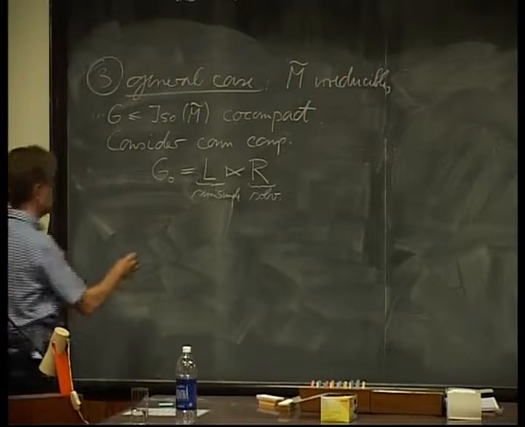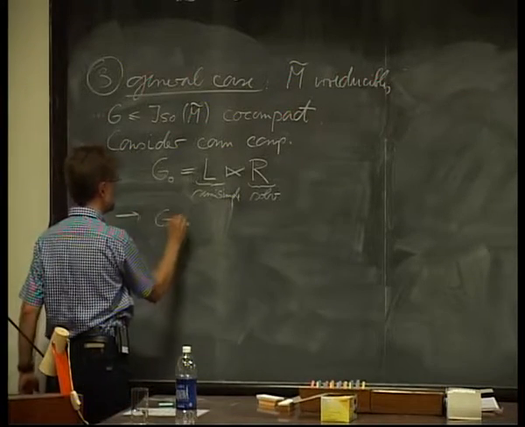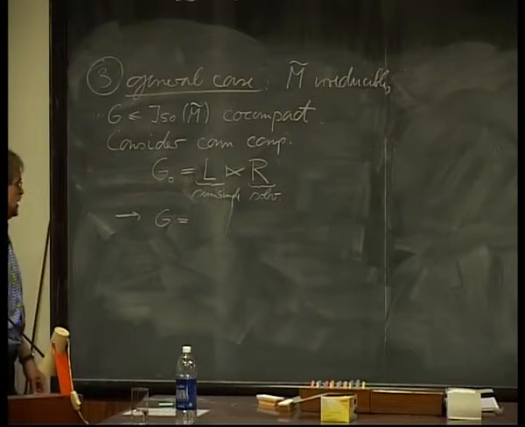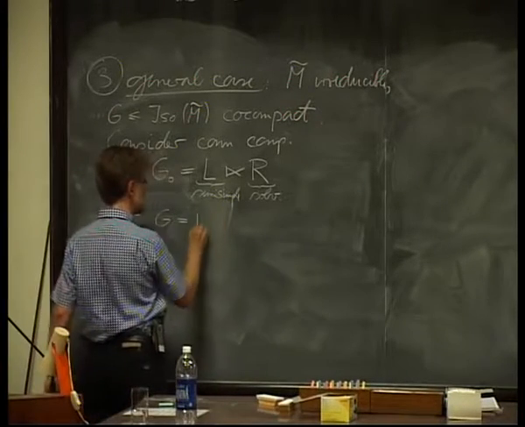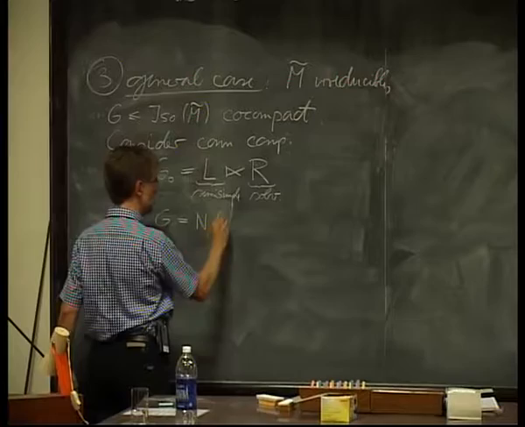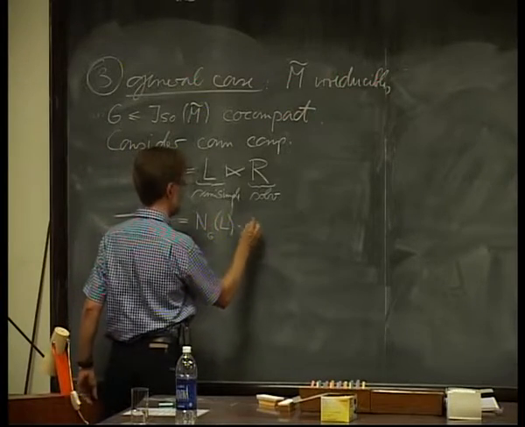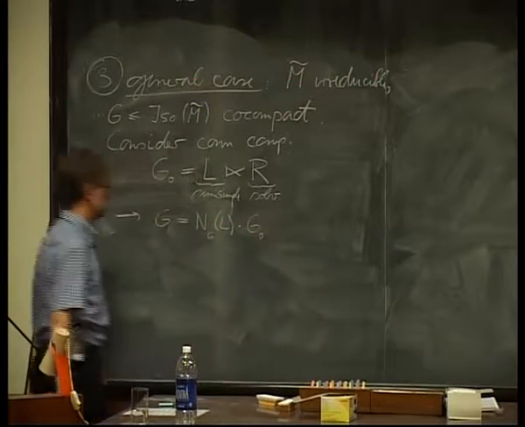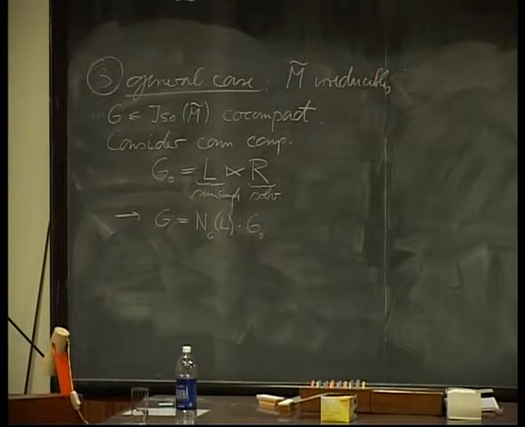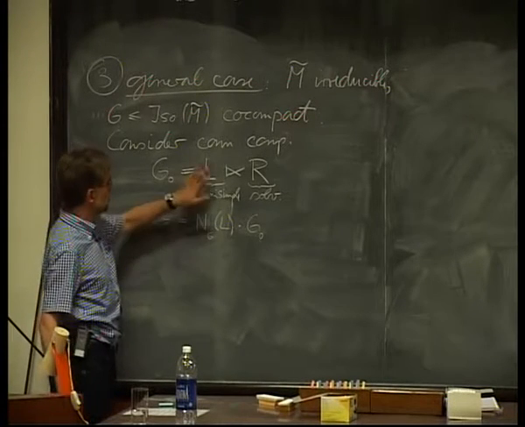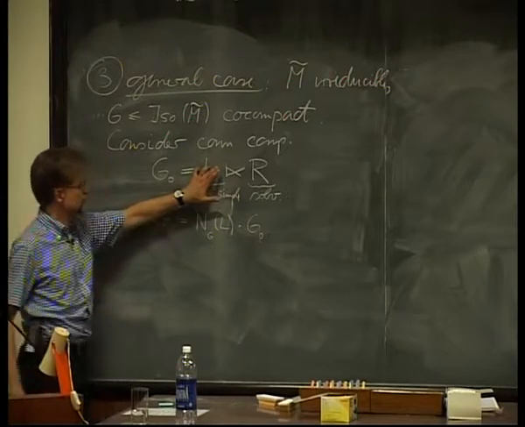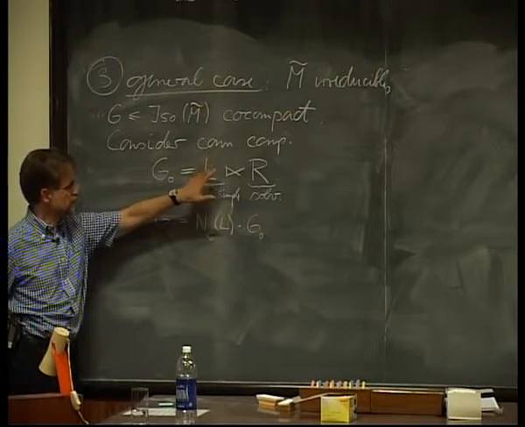And then we can look at the full group, and it may be written as the normalizer of L times G0. This is due to the fact that all semi-simple Levi factors are conjugate to each other.